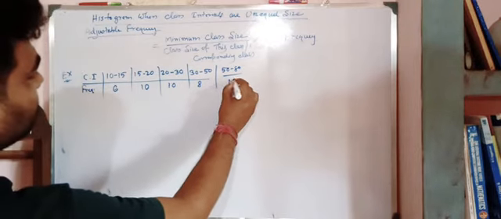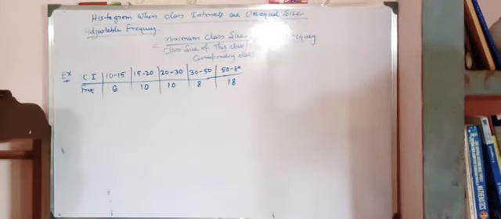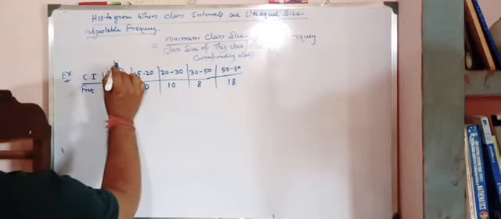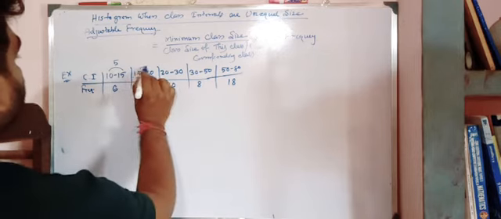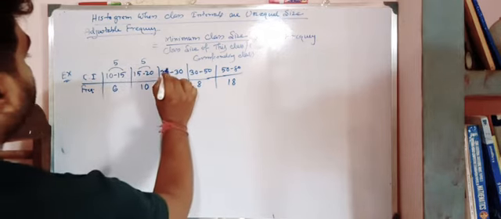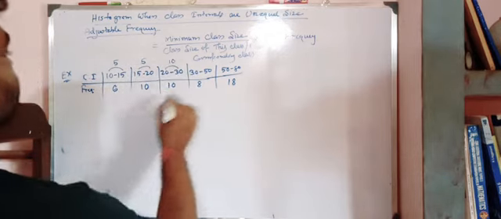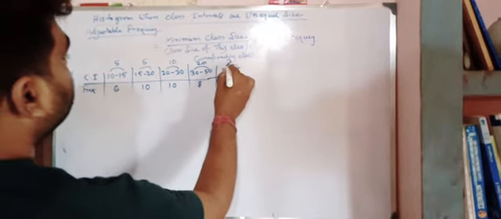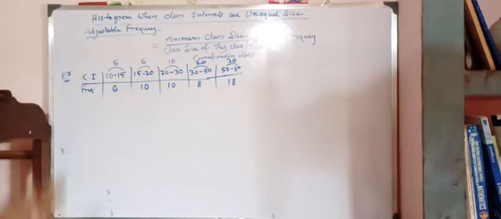it is 18. As we can see from this table, in this class interval the class size is 5. In this class the size is also 5, in this class the size is 10, in this class the size is 20, and in this class the size is 30. So different class sizes.